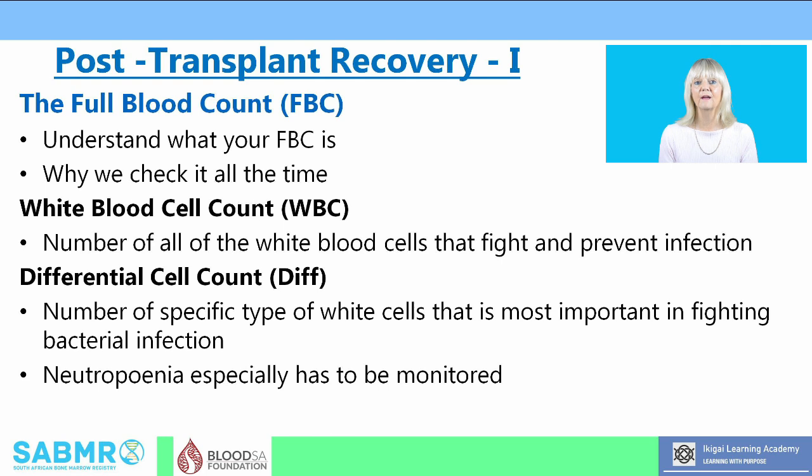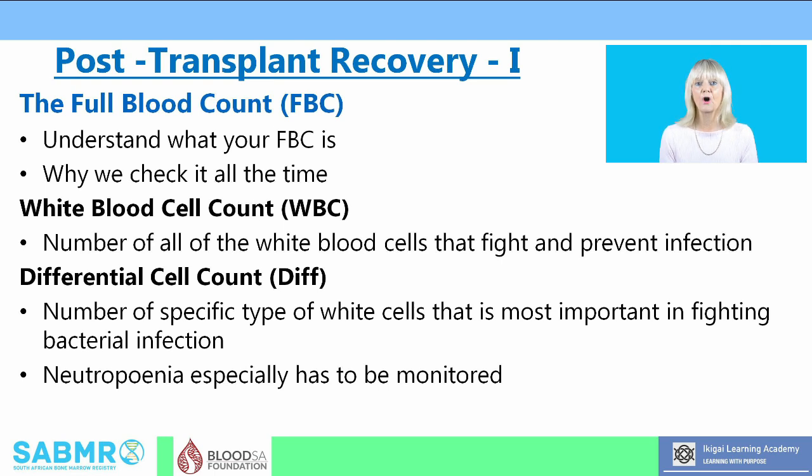Let's first look at your full blood count, or FBC. It is important that you understand what your FBC is and why we check it all the time. The FBC is divided into the following. First of all, your white blood cell count, or WBC.